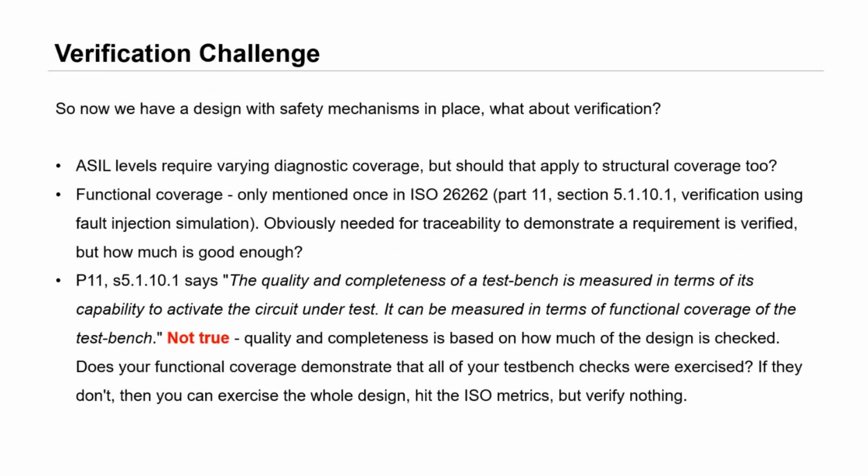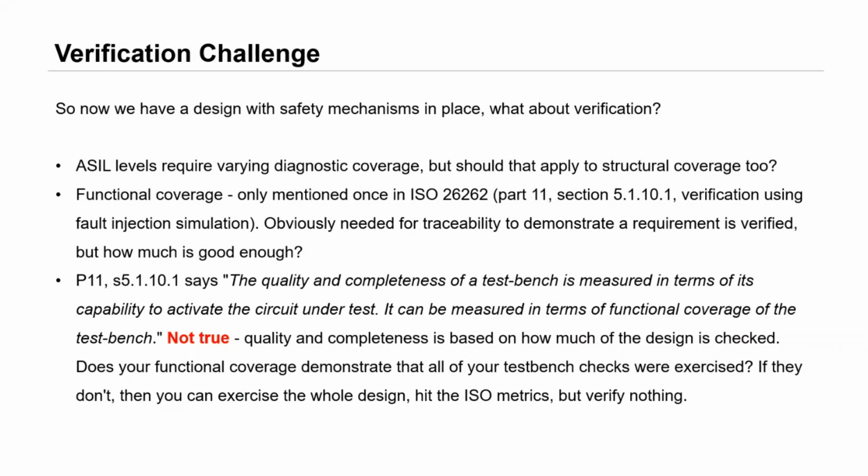Verification challenges. ASIL levels require different diagnostic coverage; should that apply to structural? We all talked about functional coverage in the previous talks, but that's actually only mentioned once in ISO 26262, in part 11, and then only in terms of fault injection. So how much is actually good enough?